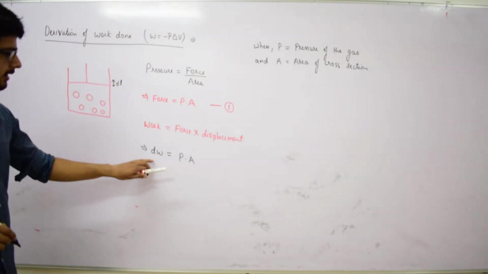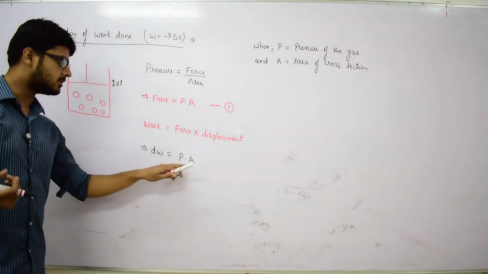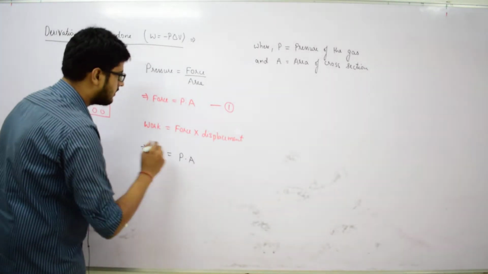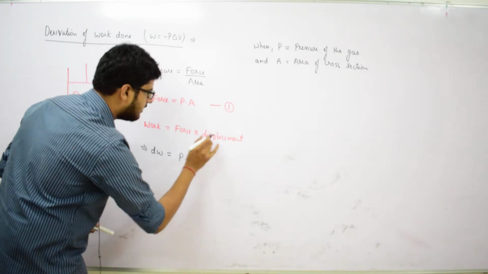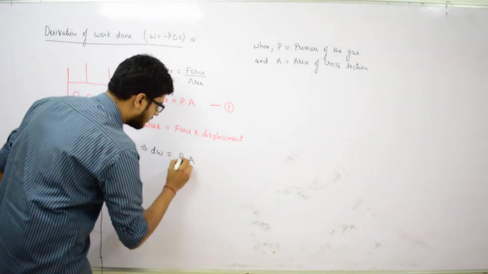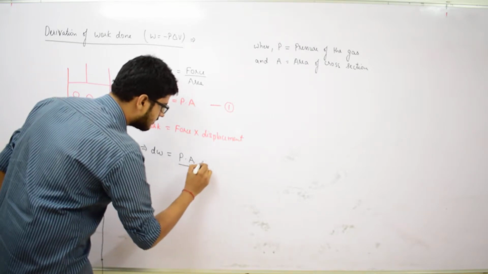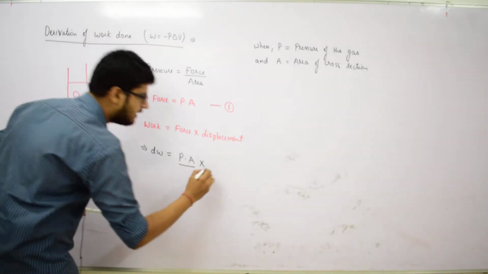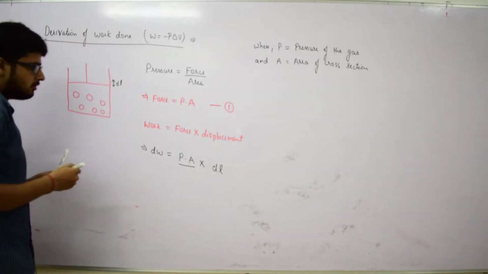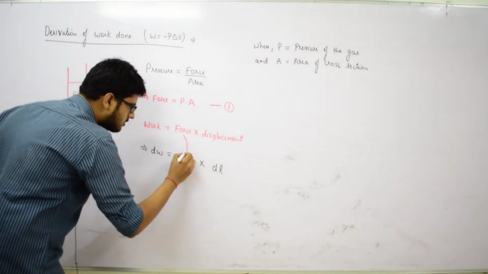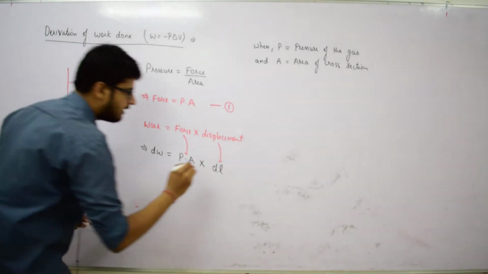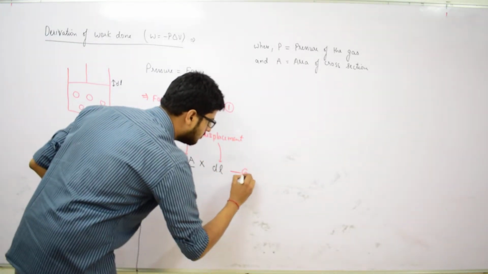Now, small work done is equal to P multiplied by A, and with displacement we have seen, this is our force and displacement is equal to dl. So, this is our force term and this is our displacement term. Let this equation be equation 2.